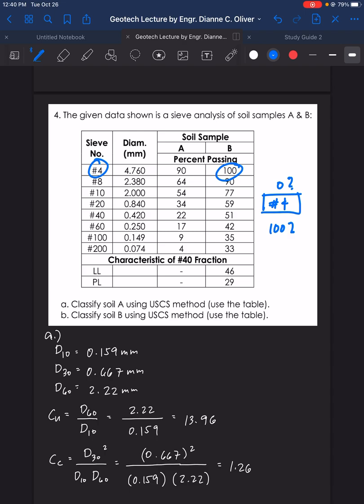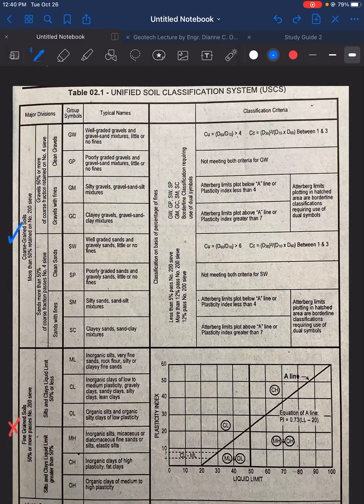Meaning the soil is finer. So it's not gravel, of course. There's nothing retained. Therefore, let's go to sands, or more than 50% passes number 4 sieve. So again, we will choose between these 4.